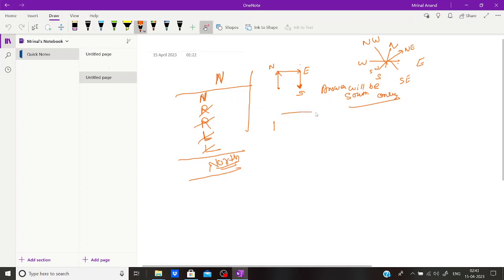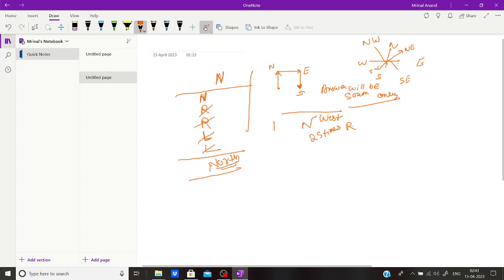Second, we can also solve some more questions. Suppose you are facing the northwest direction and you are asked to travel 25 times right.